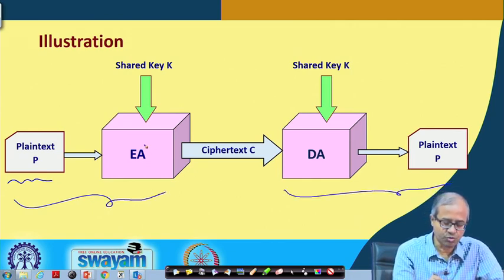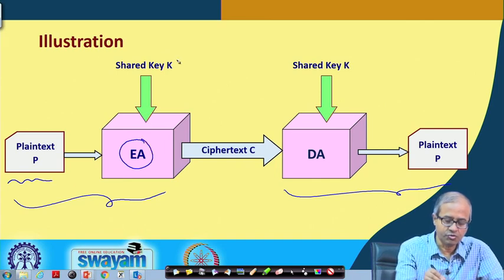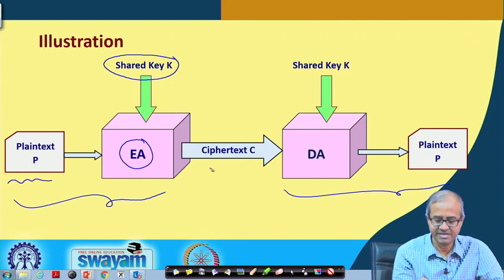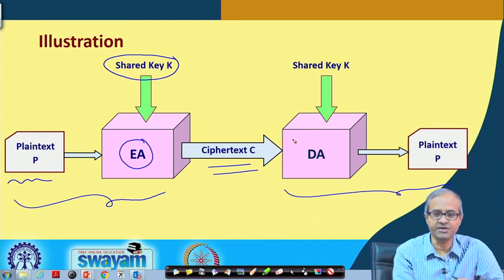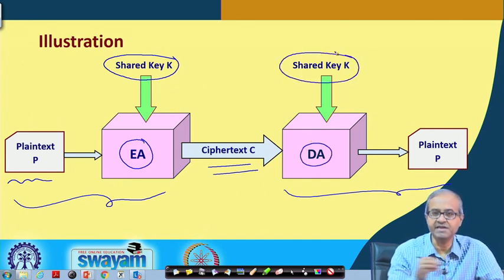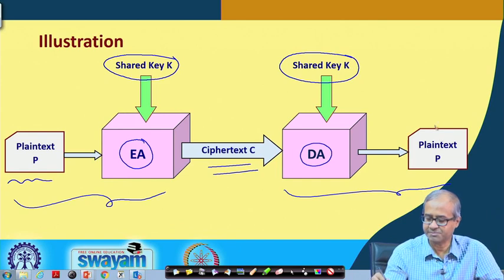The plain text goes through the encryption algorithm, which also takes as input the shared key k, generates the ciphertext C, which is transmitted over the network. It reaches the receiving end. The receiving end runs a decryption algorithm. With the same shared key value k, it gets back the plain text.